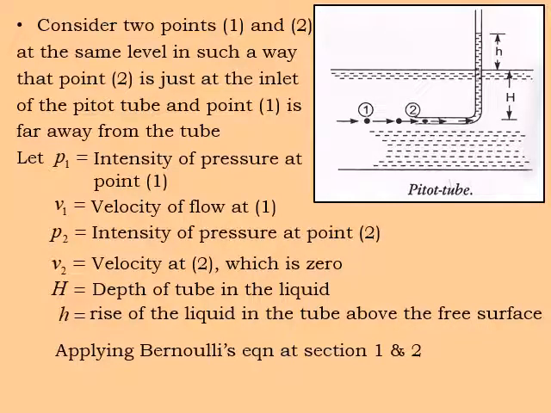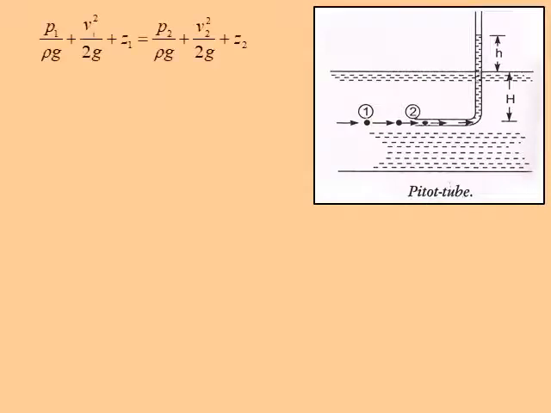Now applying Bernoulli's equation at sections 1 and 2: P1 by rho g plus V1 square by 2g plus Z1 is equal to P2 by rho g plus V2 square by 2g plus Z2. So that is Bernoulli's equation.